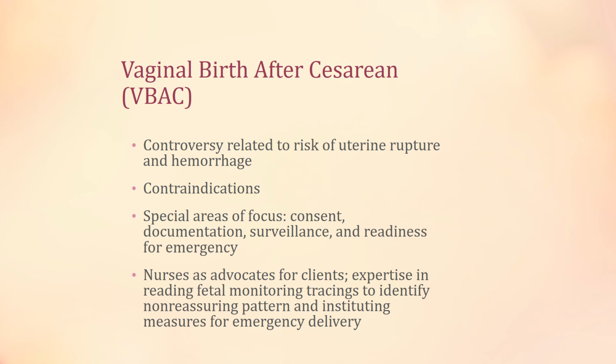The nurse is the advocate for the client. So the nurse has to have expertise in reading the fetal monitoring tracing so that we are able to see a non reassuring pattern quickly and institute emergency delivery as soon as possible. The physician has to be close by and in the house as well to deliver this baby.